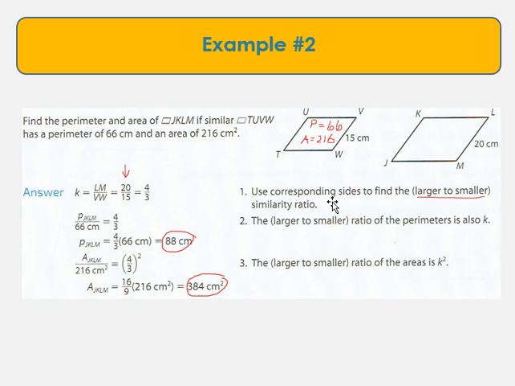So first step, find the ratio. Second step, compare the ratio to the perimeters and solve. Third step, compare the ratio to the areas and solve.